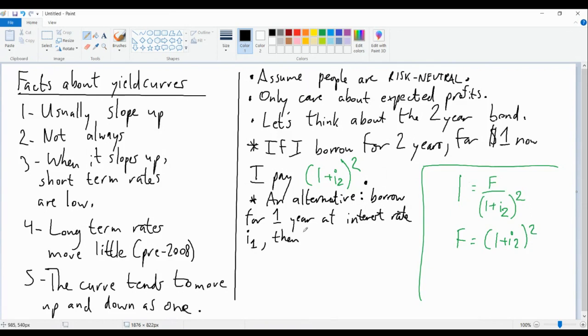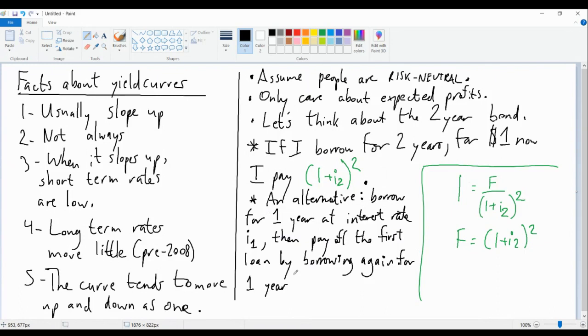And then borrow again to pay off the first loan, for 1 year. So in the first year, I would pay I1, whatever the yield to maturity is for a 1 year bond or 1 year loan right now.